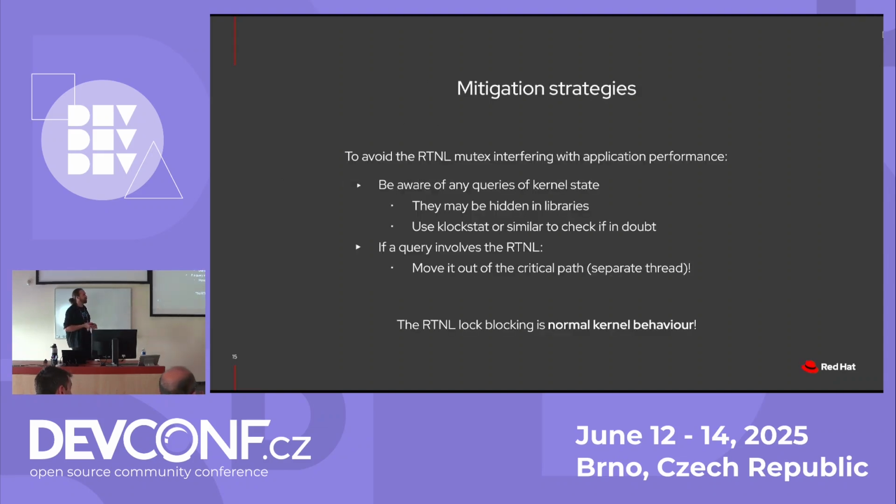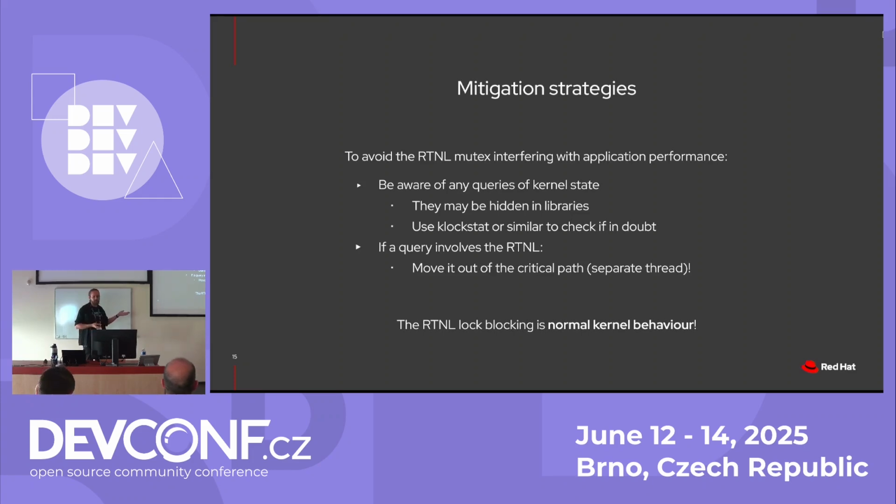So what can you do if you find out that your application is blocking on this? The reason that the original customer issue here appeared was that they were doing this as part of their latency-sensitive applications. So the thing you want to do when you are writing an application that queries kernel state is to move it out of the fast path.